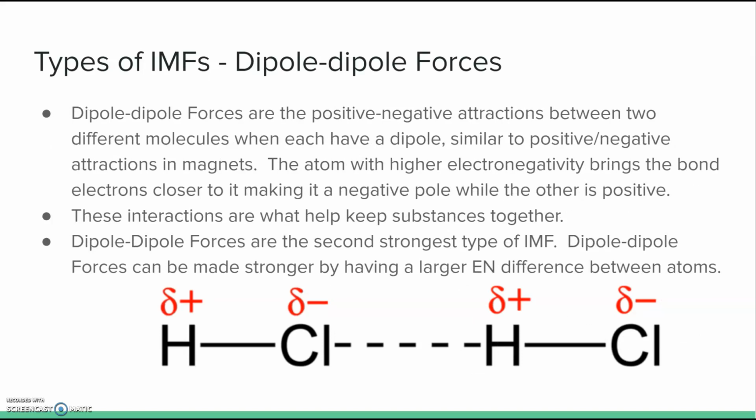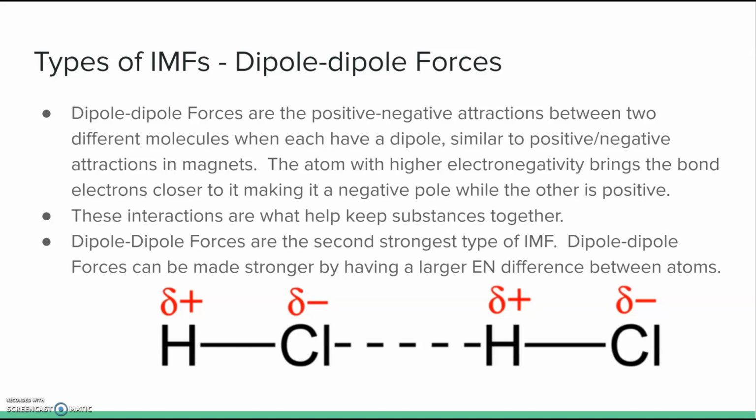We will be looking at dipole-dipole forces. Dipole-dipole forces are the positive-negative attractions between two different molecules when each have a dipole. Similar to positive and negative attractions in magnets, the atom with the higher electronegativity brings the bond electrons closer to it, making it a negative pole, while the other one is positive.